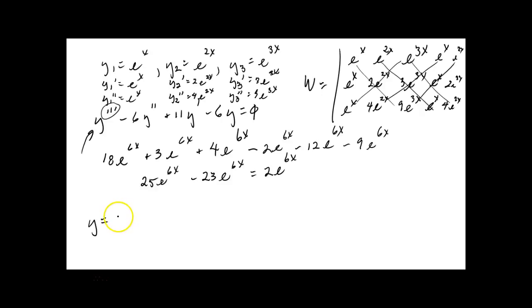Help me? How do you get the general solution? C1 e to the x plus C2 e to the 2x plus C3 e to the 3x.